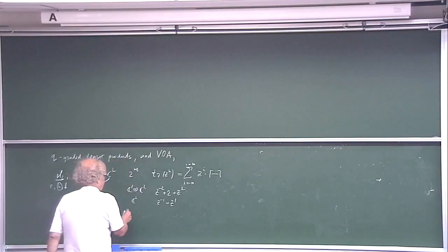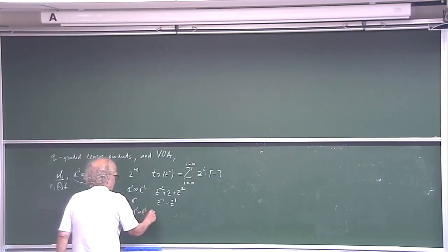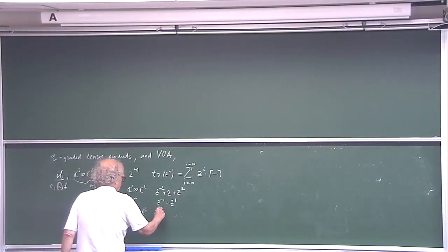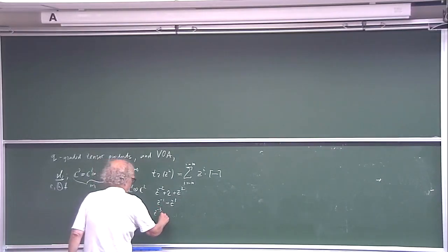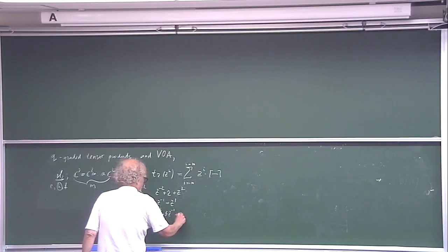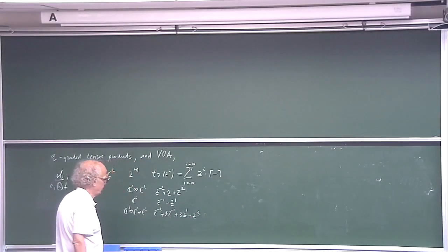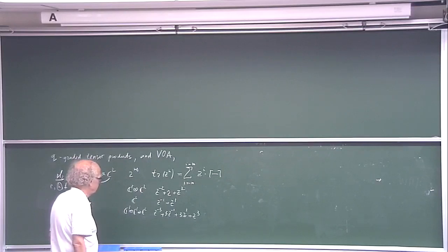And if you have 3, C2 times C2 times C2, then we have z minus 3 plus 3 z minus 1 plus 3 z1 plus z3. So they are characters with respect to this.